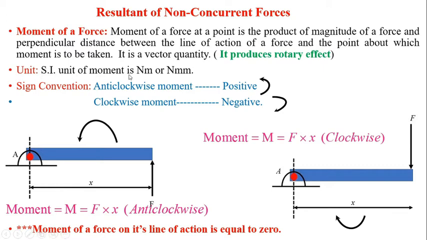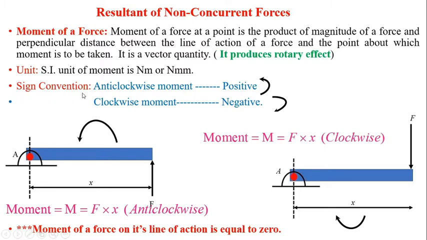Its SI unit is Newton meter, as it is the product of the magnitude of force, whose unit is Newton, and perpendicular distance, in meters. Sometimes it is expressed in Newton mm.